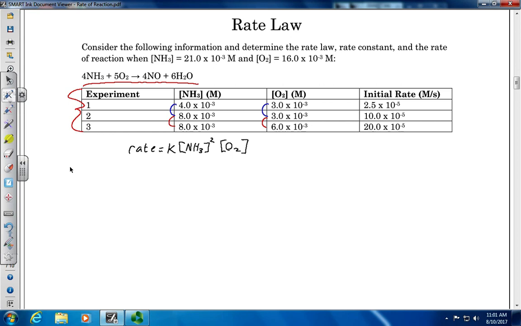The first thing you're going to want to do is solve for k. So we're going to divide everything by the concentration of NH3 squared and O2.